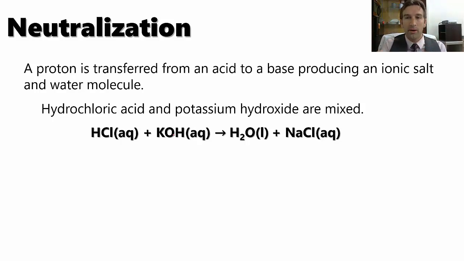It makes water molecules, another clear liquid, and then sodium chloride in solution. Potassium chloride, hey, well, that's a little fix we can make. There you go. So when this comes together, it's going to be hard to visually see it taking place. So we're going to have to test by some other means.